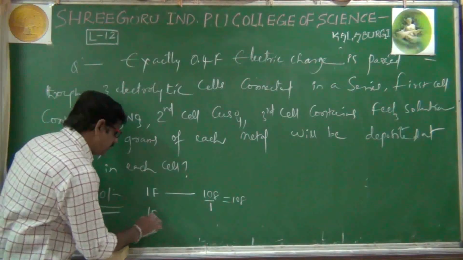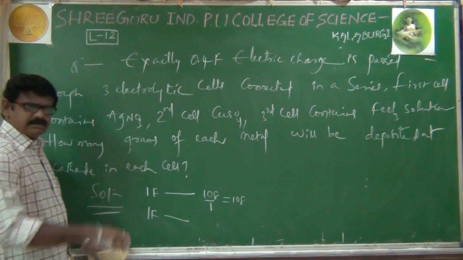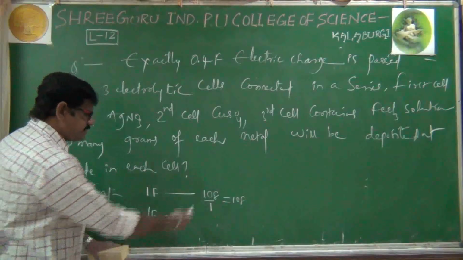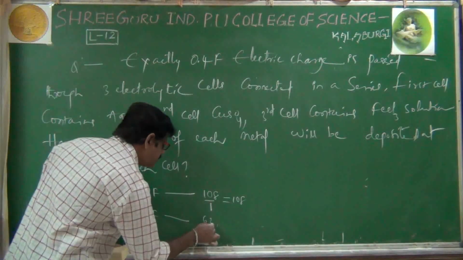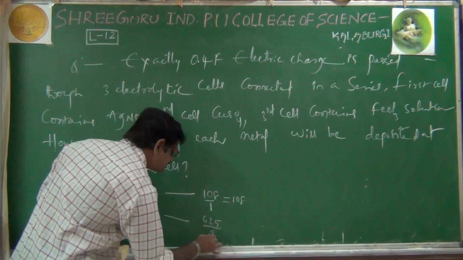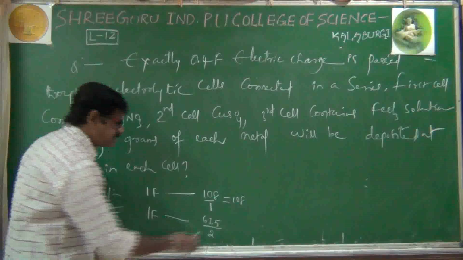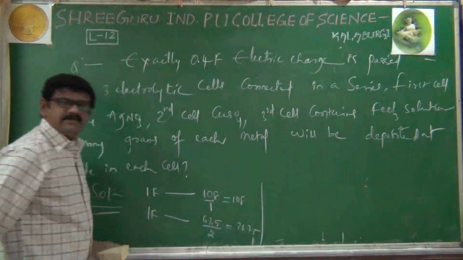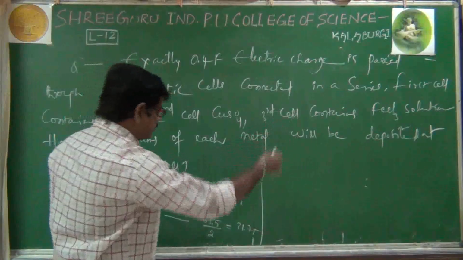Next, 1 Faraday only I am sending in the second cell, copper sulfate. Copper sulfate means how much then? 63.5 divided by 2 is nothing but 31.75. Next, the third one, Fe.